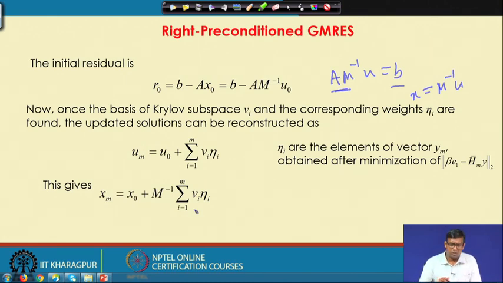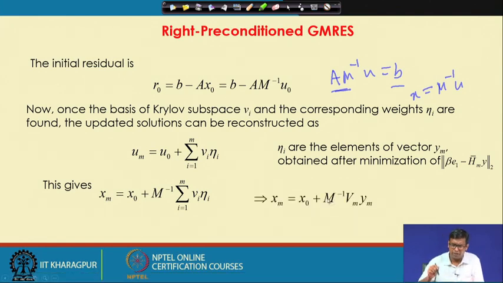So, once we get the weights eta i, which are the elements of the vector y m, and the basis of the Krylov subspace is formed, we can directly find out x m without evaluating u. So, the algorithm will become x m is equal to x 0 plus M inverse V m y m. The original algorithm was x m is equal to x 0 plus V m y m, here it will be x 0 plus M inverse V m y m.